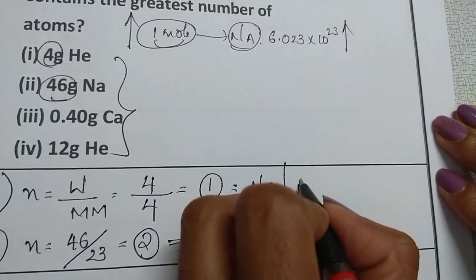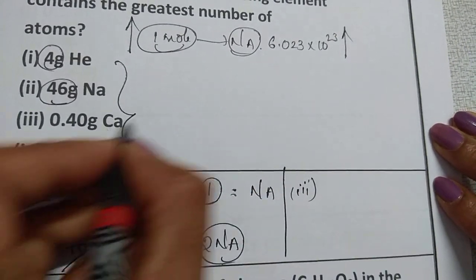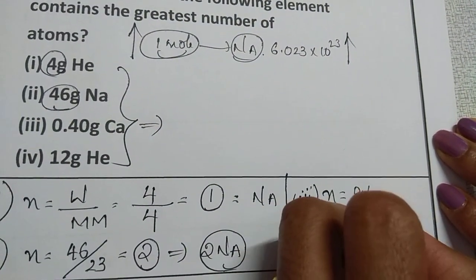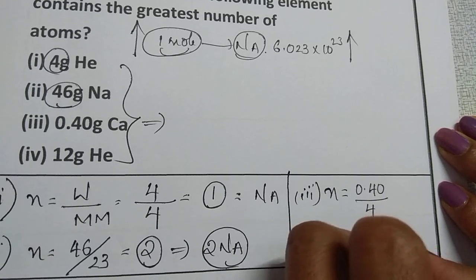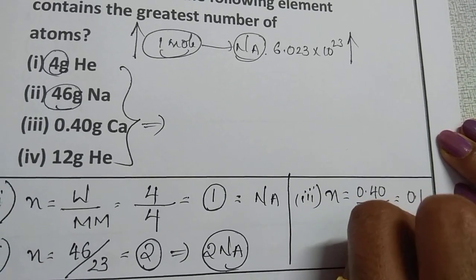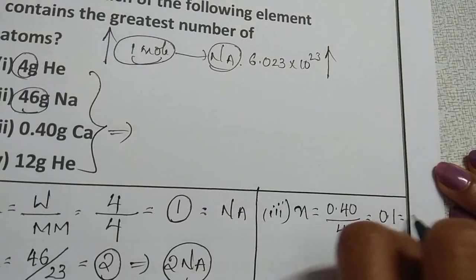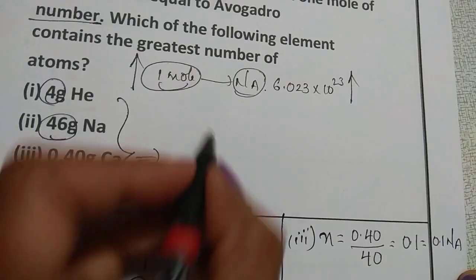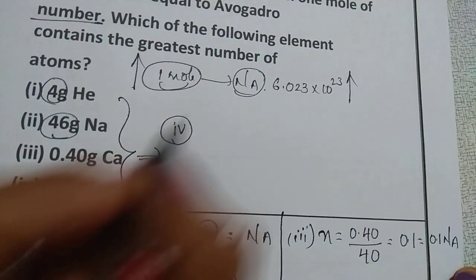Now, third one. 0.40 gram. 0.40 gram means weight by molar mass is 40, which means that 0.1 mole. 0.1 mole means 0.1 into Avogadro number of atoms. Last case is the fourth case.